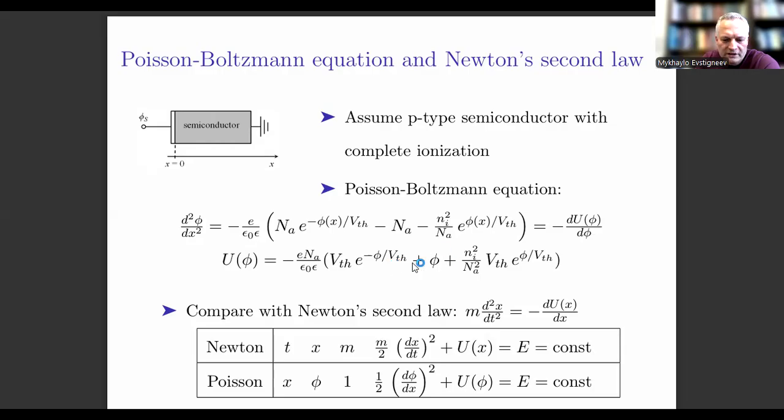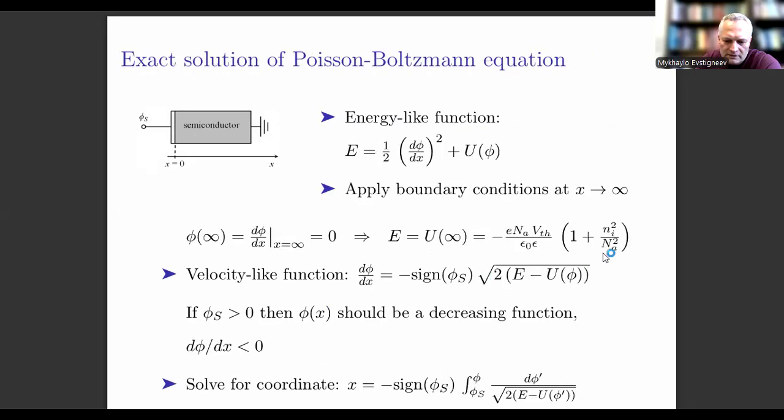The exponential goes to zero. The second term goes to zero. The third term becomes n_intrinsic squared over n_acceptor squared times V thermal. So V thermal times 1 plus n_intrinsic squared over n_acceptor squared. And this is indeed what we get. All right, so this is the actual value of the energy-like function at infinity.